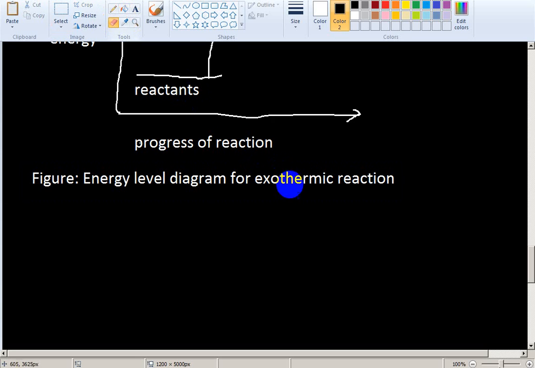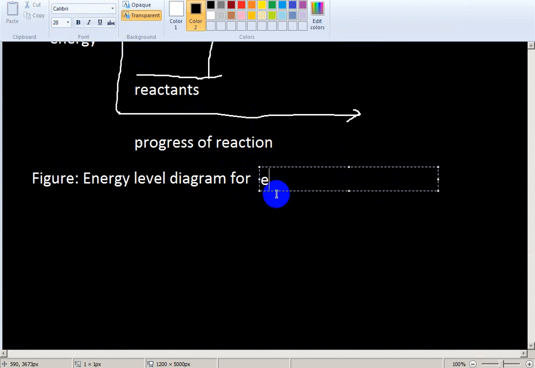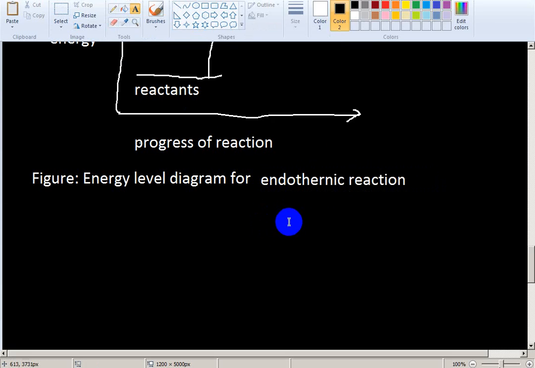So this is the eraser. I am erasing these things. It is not possible this way. I should erase these things. Endothermic reaction. Okay, have you seen the energy level diagram?